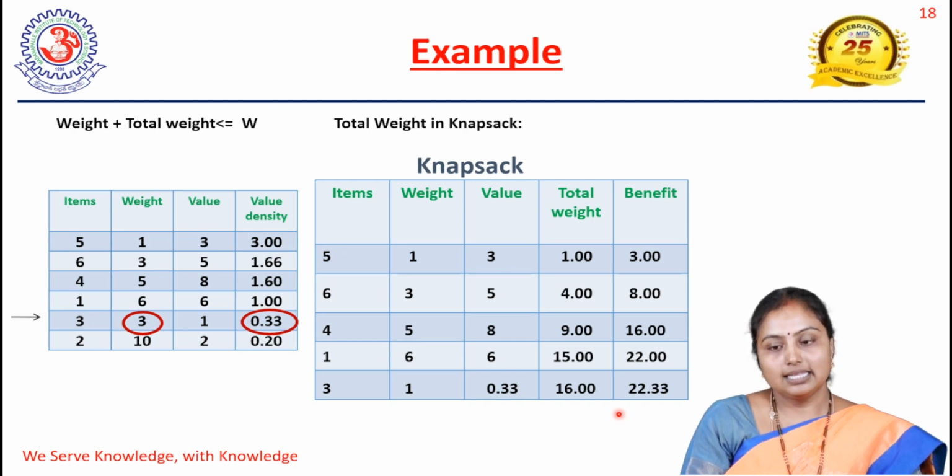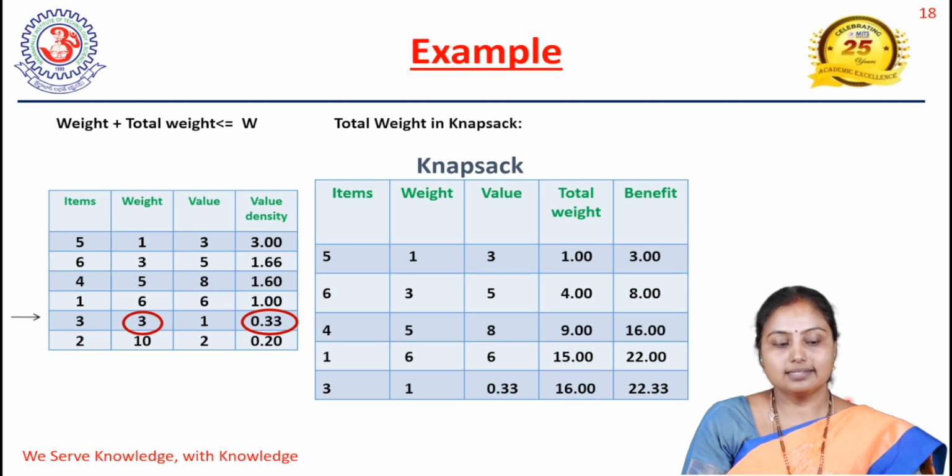That means this table shows the optimal solution: if we add these items, that means 5, 6, 4, 1, 3 in the knapsack, then our objective function will be satisfied. That means our capacity is equal to the maximum capacity only, and then we got maximum benefit.